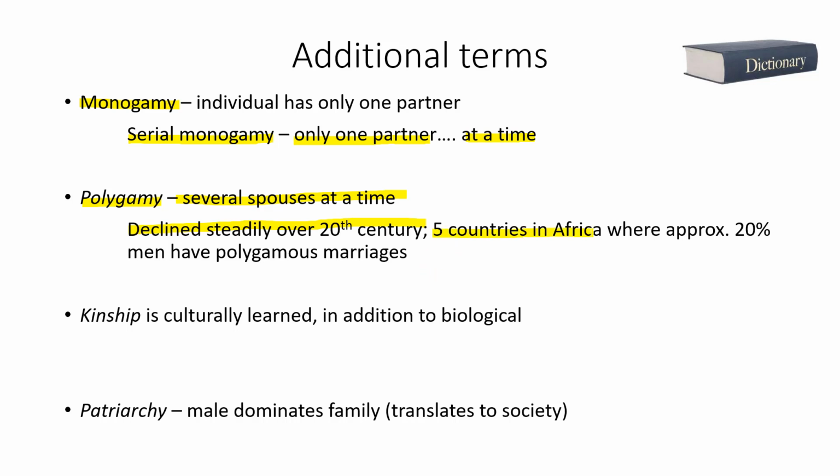There are about 5 countries in Africa where about 20% of the men have polygamous marriages. And as far as women having more than one husband, that is extremely rare. There is a small group of people in the Himalayan Tibet region where women have typically married brothers of a family.